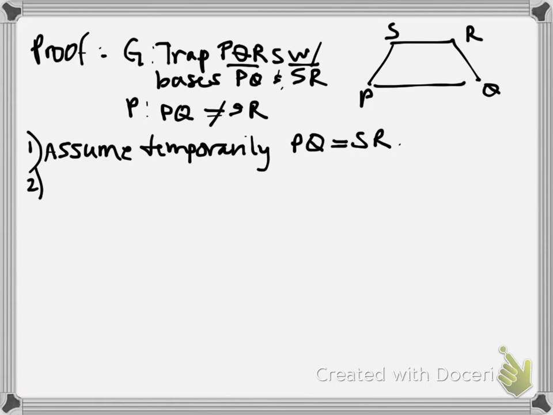Okay, so let's see if we can write this out in an interesting way. So let's take that. And because I have PQ equal to SR, I'm just going to say that the lines are parallel from PQ to SR. So segment PQ is parallel to segment SR by the definition of a trapezoid.